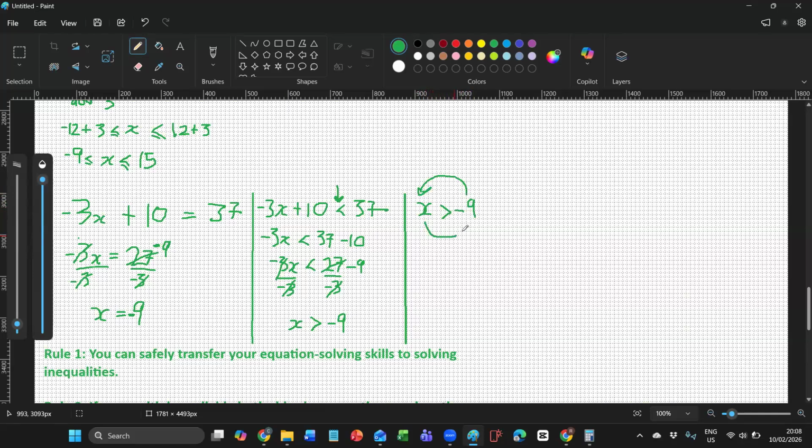In equations you can do this and get away with it because of course there's nothing to reverse in equations, absolutely nothing. But if you try to do that with an inequality, this is what is going to happen. -9 will come out like this. It gets flipped.